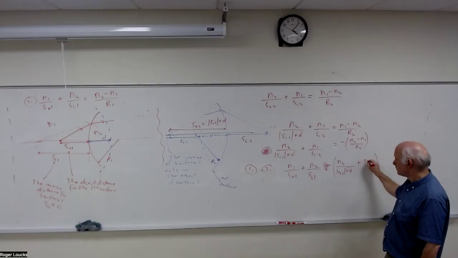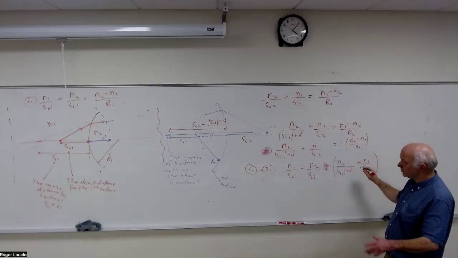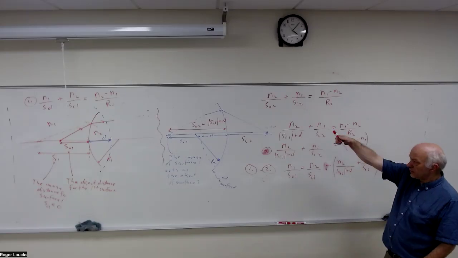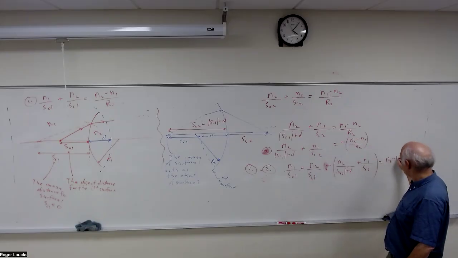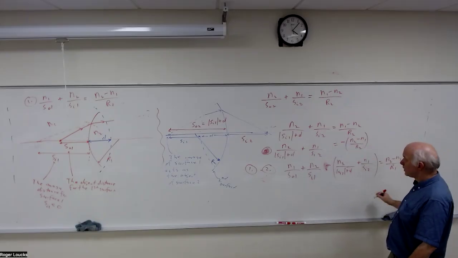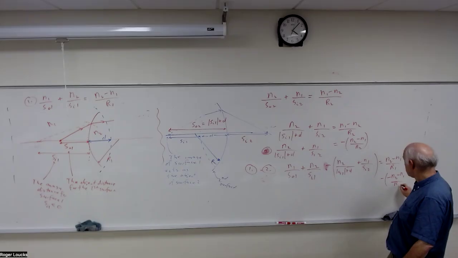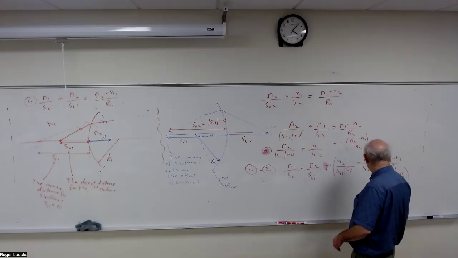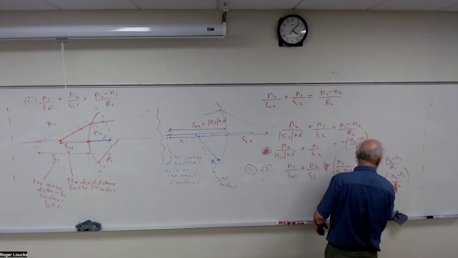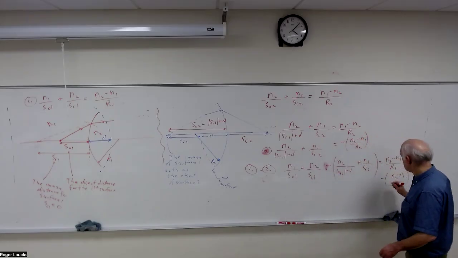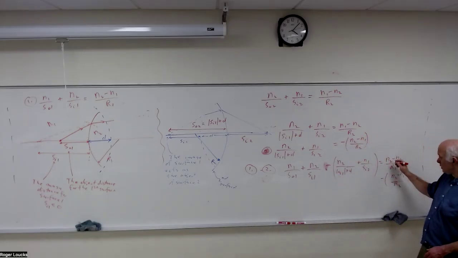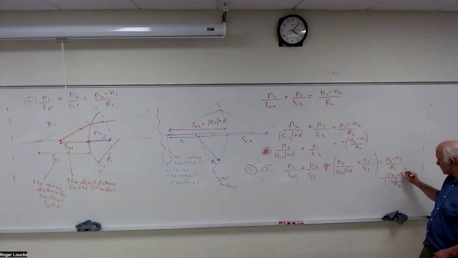I'll fix this up tomorrow. You get that guy here. And then this guy here comes in with the minus and the minus. So I need it to be minus here like that.